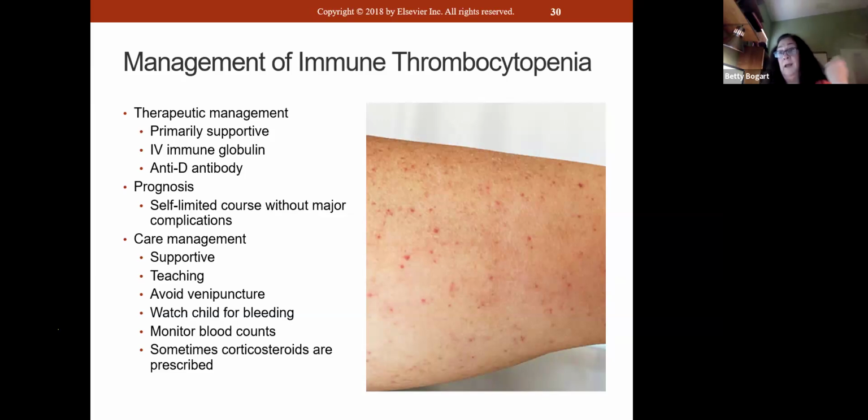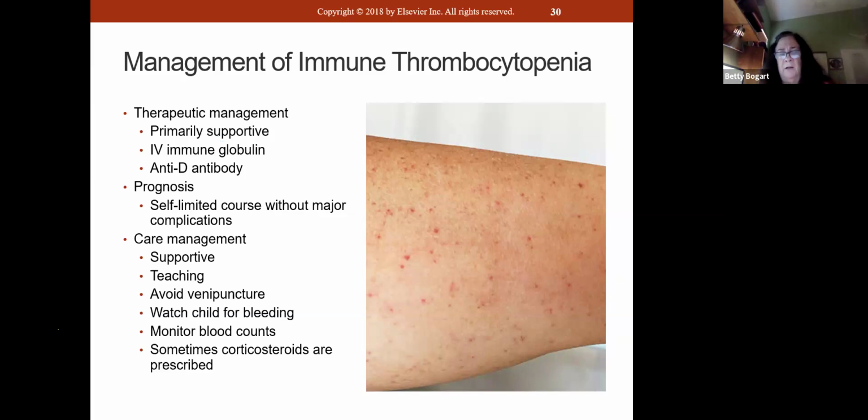We're going to teach them, like a young adolescent, don't shave your legs, or a young man, don't shave, no razors, because they can bleed very easily, right? Along with that, we're not going to give them any IM, subQ, or any injections. If at all possible, we're going to give it IV if there's an IV there, right? And we're going to look at that child. Are they bleeding? Nose, mouth, teeth, urine, stool, looking for any ecchymotic areas.